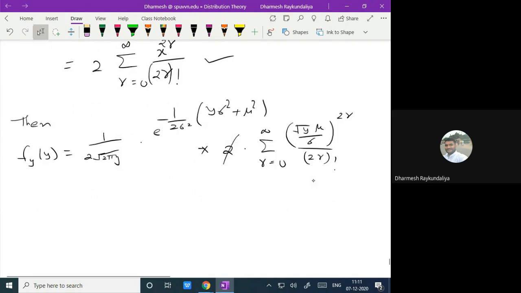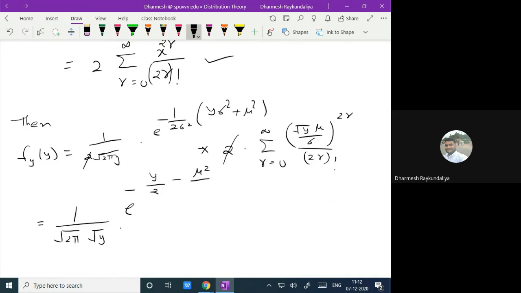So this 2 will be cancelled out with this. We can write it as 1 upon root 2 pi, y we will take, and root y is there. It is e raised to minus this, particularly sigma square is cancelled out. So it is nothing but e raised to minus y by 2 minus mu square by 2 sigma square into the summation, r equal to 0 to infinity.